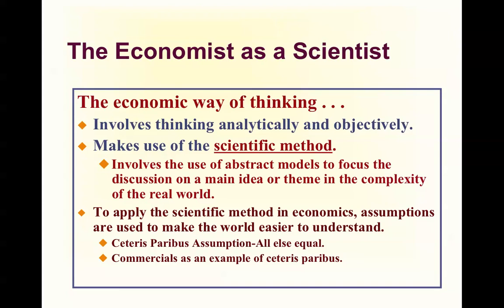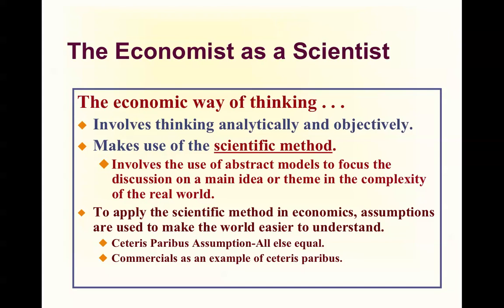Now, to apply the scientific method in economics, assumptions are used to make the world easier to understand. Our biggest assumption is something called ceteris paribus, which basically means all else is equal. An example of ceteris paribus, as you'll see in some of the graphs coming up, is looking at two variables and two variables only. One variable impacting upon another variable.